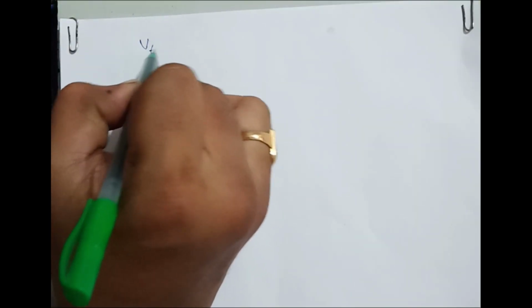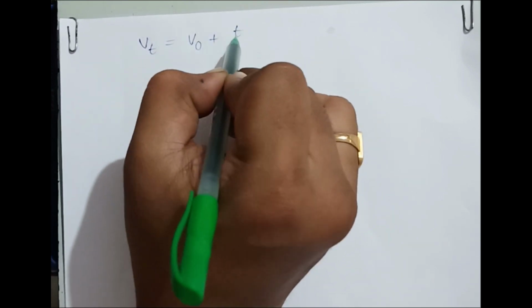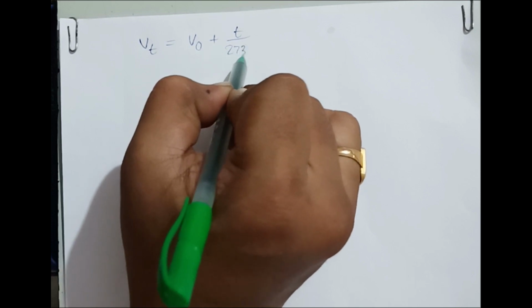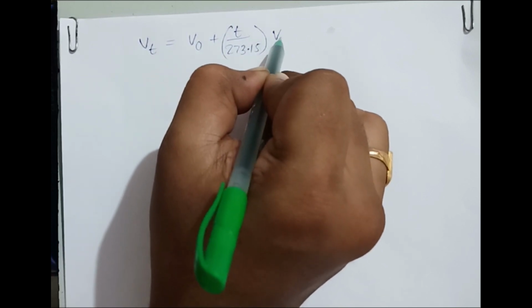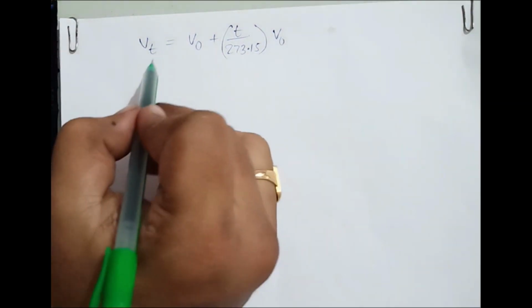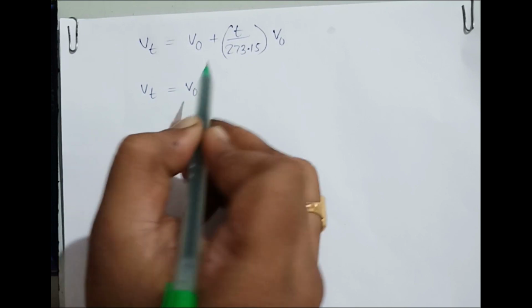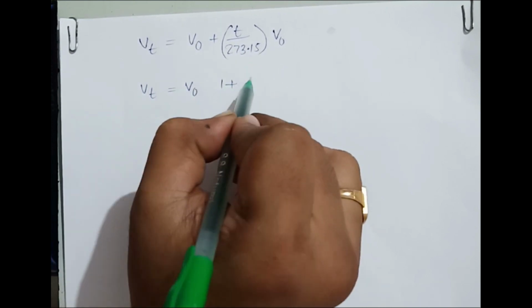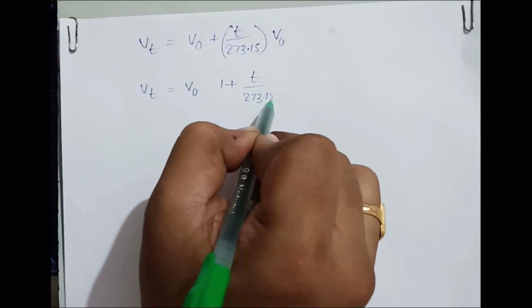Now, that equation Vt is equal to V0 plus T upon 273.15 times of V0. Here let us simplify this one. Vt is equal to, here V0 can be taken common, 1 plus T upon 273.15.